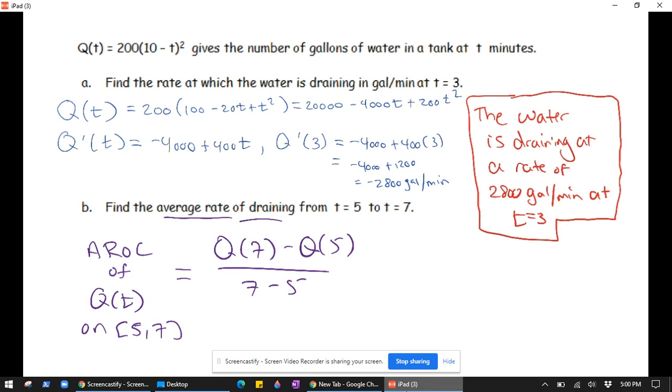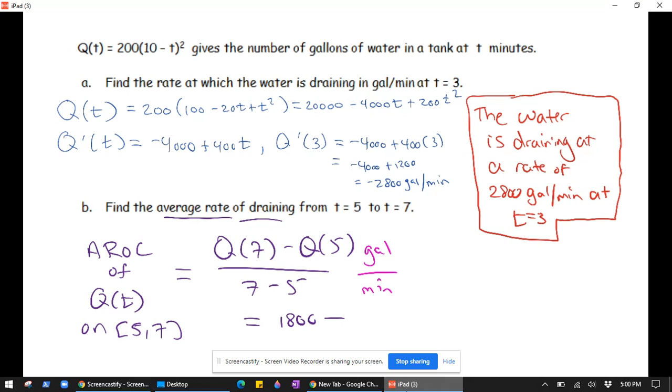This is analogous to a velocity, because you have a change in a quantity, which is gallons, and you're dividing it by a change in time, which is in minutes. So you can see that's analogous to velocity in this type of problem. In any case, Q of 7 would be 10 minus 7 is 3. 3 squared is 9, so it's 1,800.